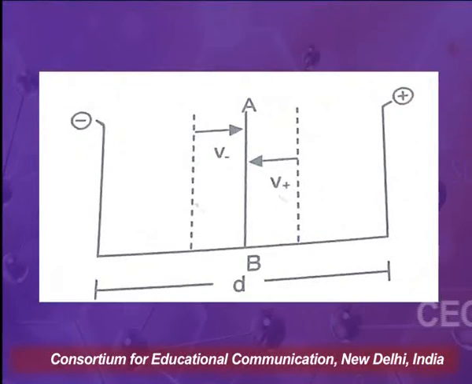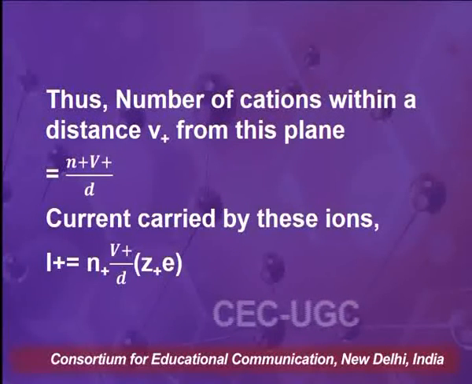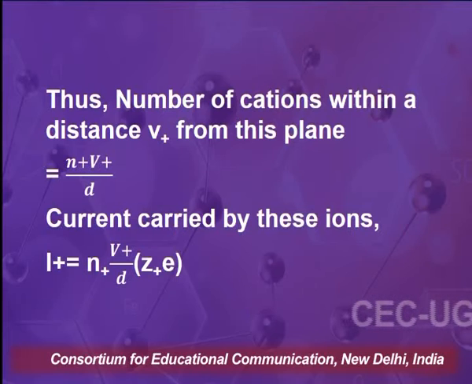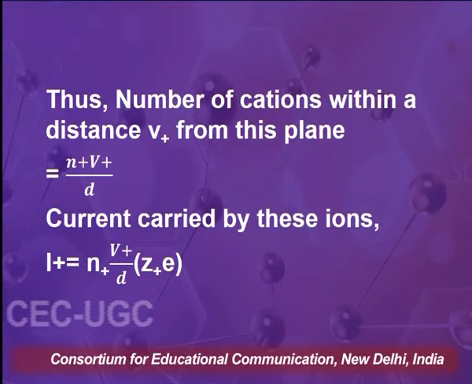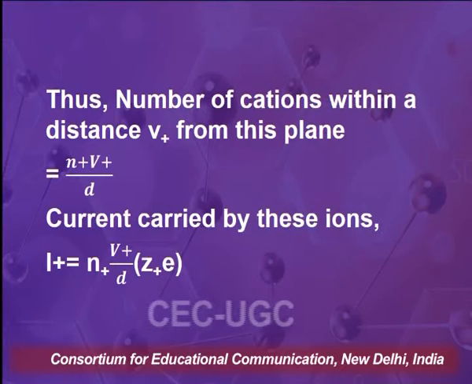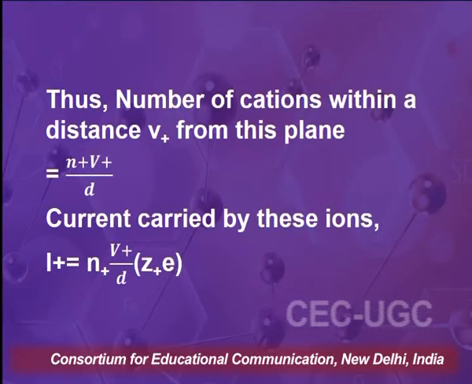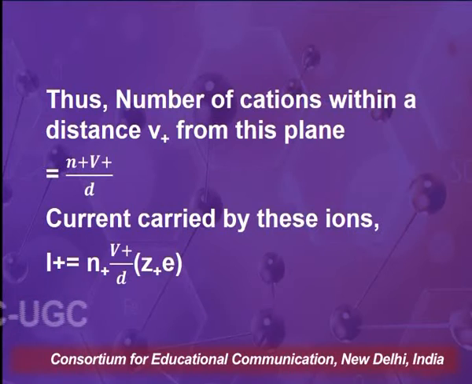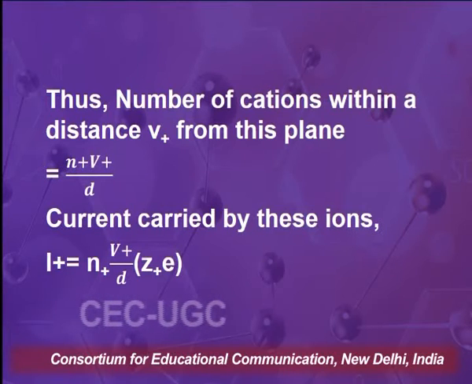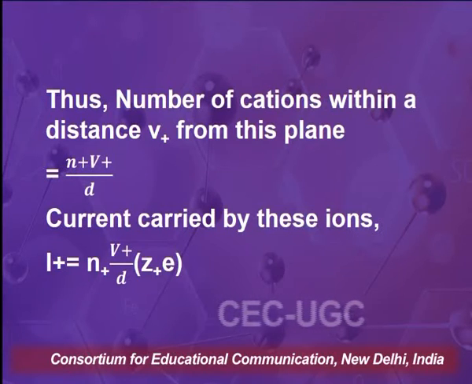So, we have the plane AB and the distances V plus and V minus are shown in this figure. Thus, the number of cations within a distance V plus from this plane is equal to N plus V plus divided by d. Current carried by these ions, I plus, is equal to N plus V plus by d into Z plus e.